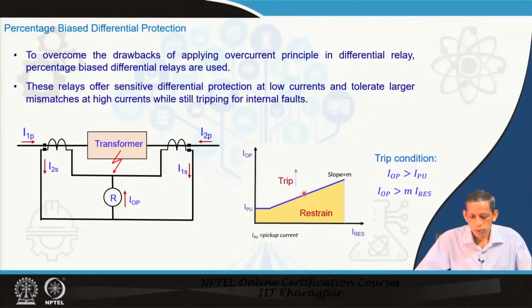So, in this situation the trip condition for the differential will be if I operating is greater than IPU, that is the pickup current, and I operating is greater than the slope times IRES in this region. Whenever the operating current is greater than this threshold value, above this it is a trip region; otherwise the relay remains silent.